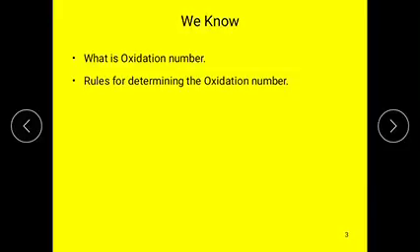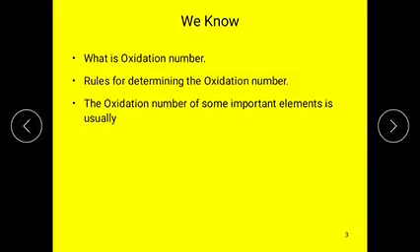In the last class we discussed the definition of oxidation number and its rules, and also the rules for determining the oxidation number.